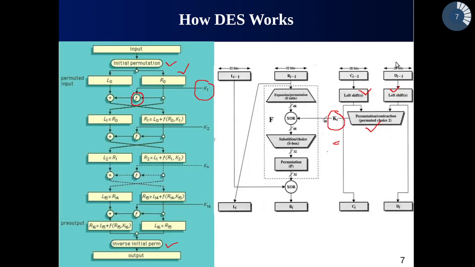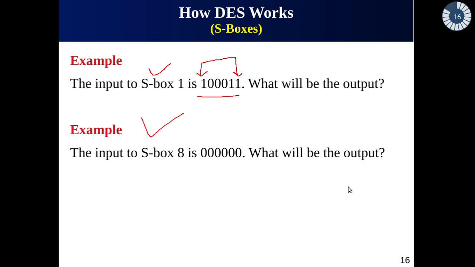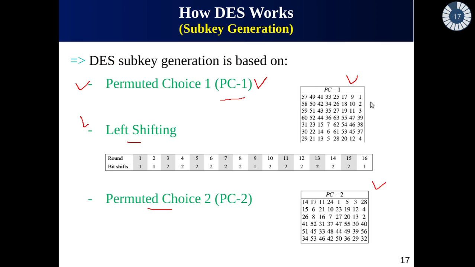Permuted choice is something that happens here but is not shown in the figure. We have a PC1 table, which takes the 64 bits and converts them into 56 bits. For this, we have a standard table available, shown here. The concept is the same.